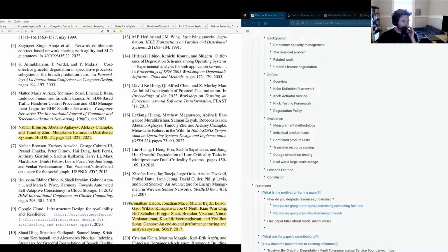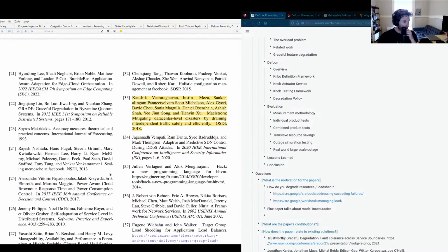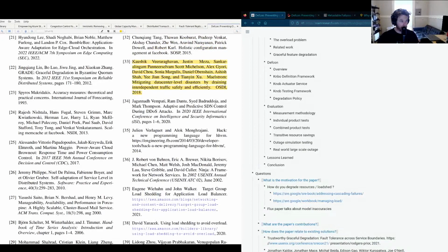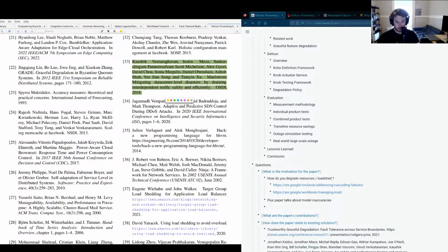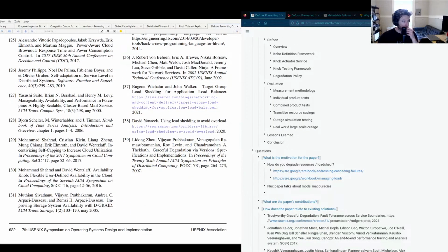Metastable failures. Canopy sounds pretty interesting. Maelstrom. And then what else is there? I think that's it that I hadn't read that I was interested in, or that caught my eye, rather.